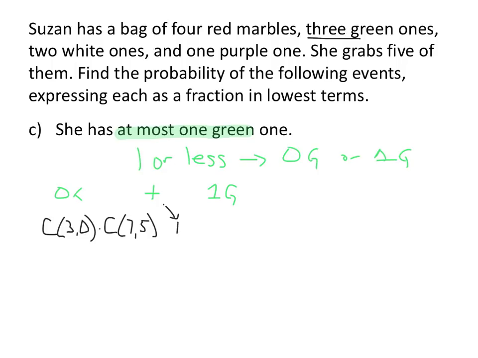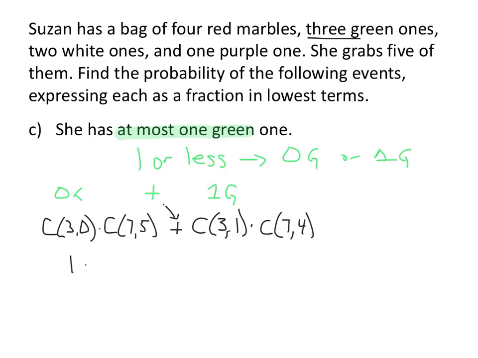Or is going to tell us add 1 green. So the combinations of the 3 greens we have, we want 1. And then, so multiply the combinations of the 7 other marbles. We want 5 total. 1 of them's green, so 4 of them are not green. Combinations of 3 things taken 0 at a time is 1.